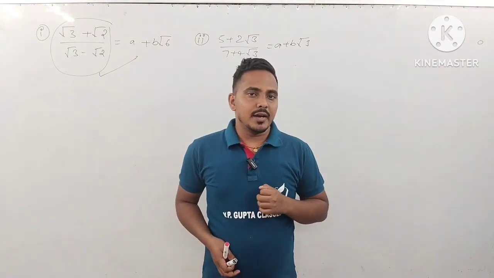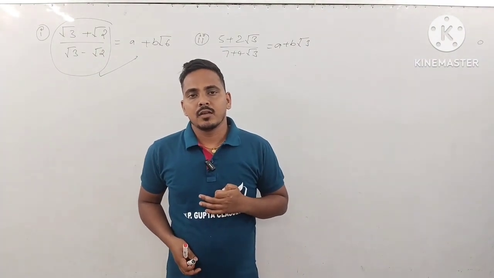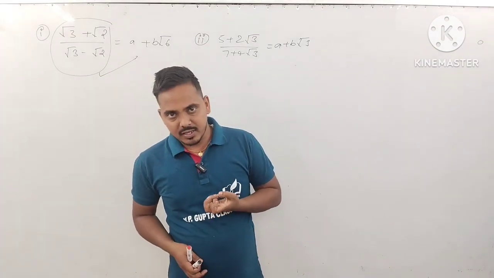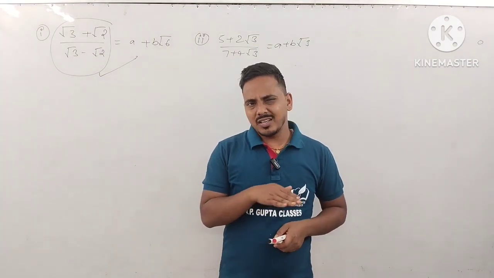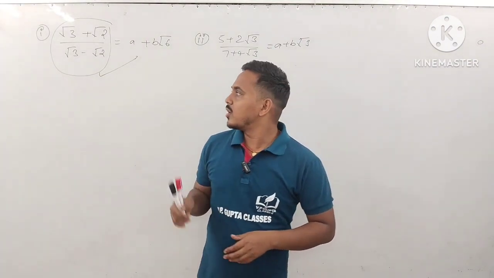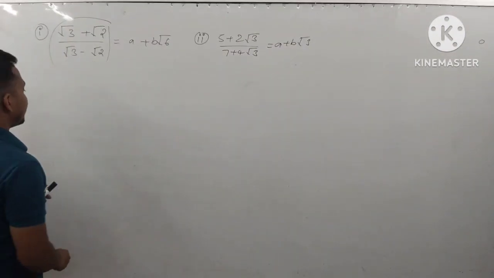First, I will tell how to find the rationalizing factor of denominators. It was all discussed in the previous lecture, so I will solve these questions in a very easy way.